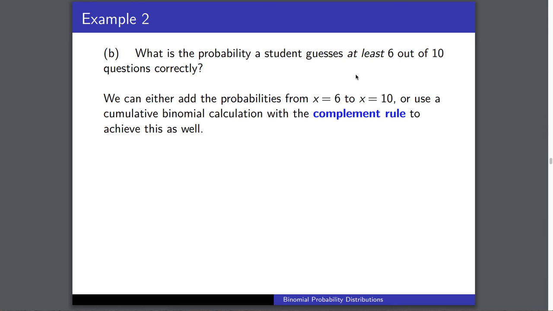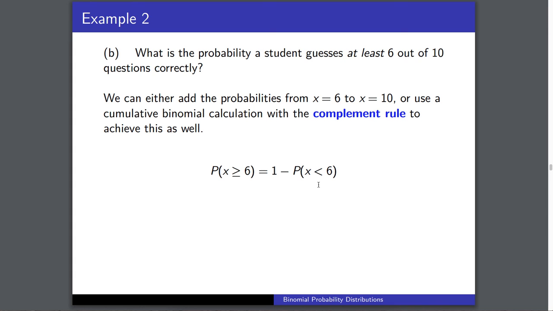Most calculators and technologies not only have the ability to do single event binomial distributions like getting exactly 6 out of 10, they also have cumulative, which goes from 0 up to and including the number before the value of interest here. So in this case, the probability of guessing at least 6 of them, getting 6 or more right, is going to equal 1 minus the probability of getting less than 6 right.